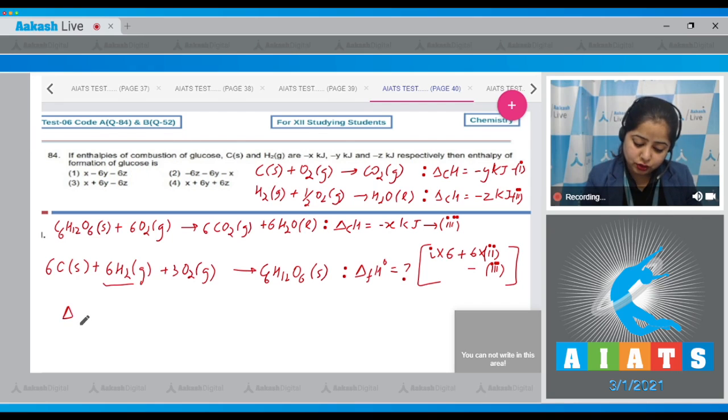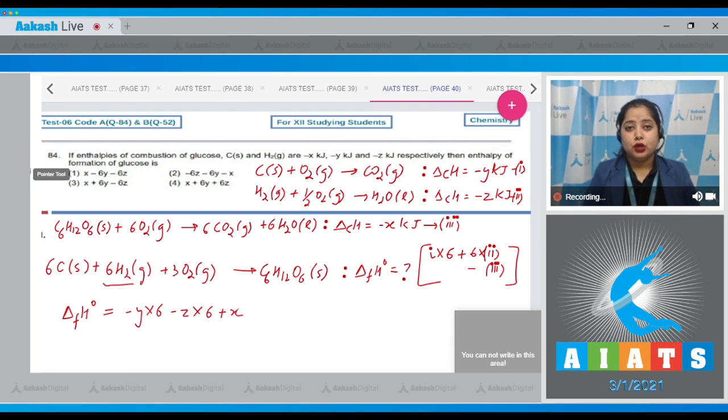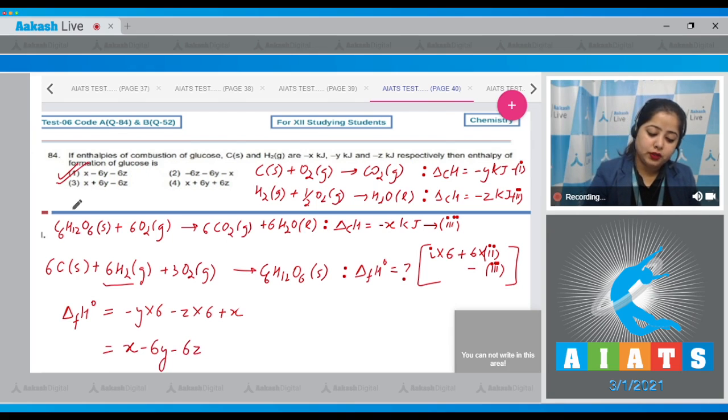Enthalpy of formation is equal to minus y into 6, then minus z into 6, then the value of the third reaction will be reversed, so it will be plus x. As a result, enthalpy of formation of glucose will be x minus 6y minus 6z. So the correct answer is option number 1.